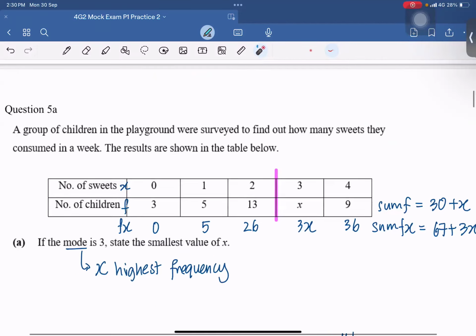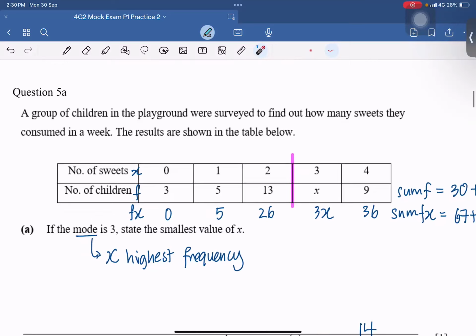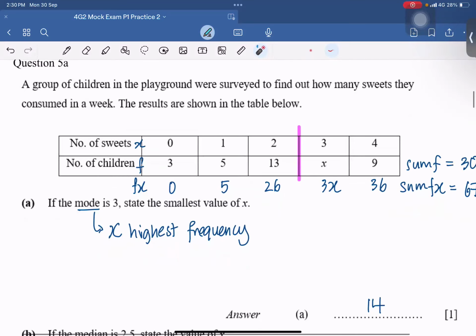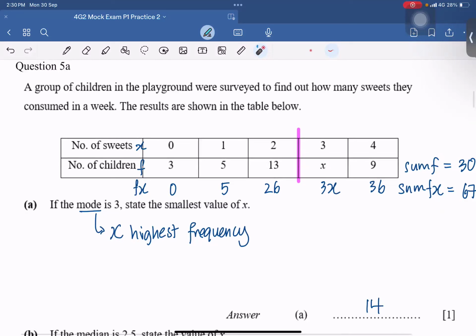Okay, so let's begin with this question first. Now, a group of children are playing in the playground. So this is my data. Let me erase this data first, if not, it's very confusing to read. First part, the question says, if the mode is 3, what is X? Mode means the data value with the highest frequency.